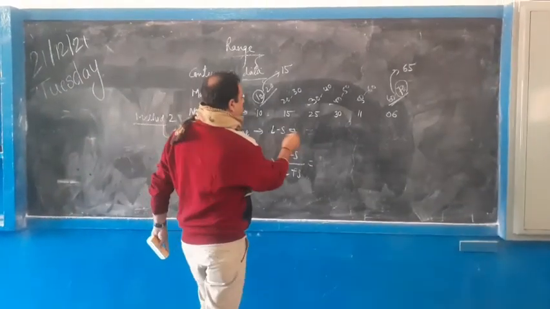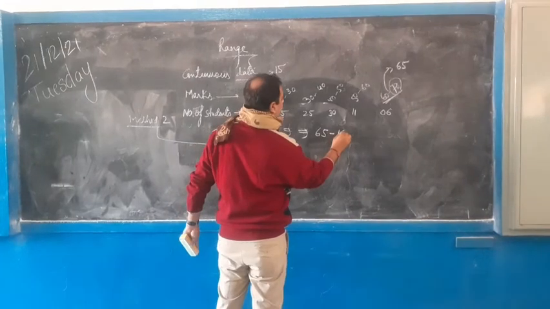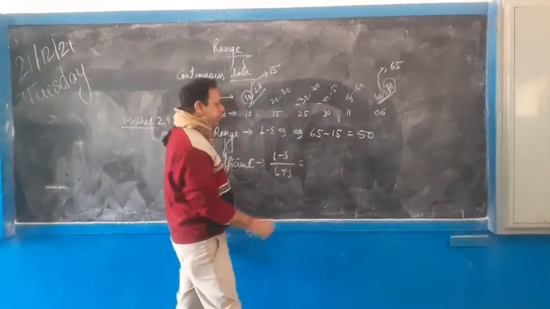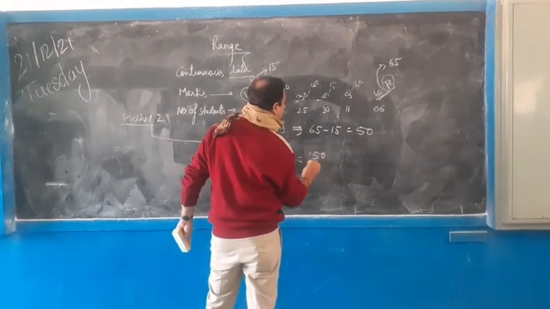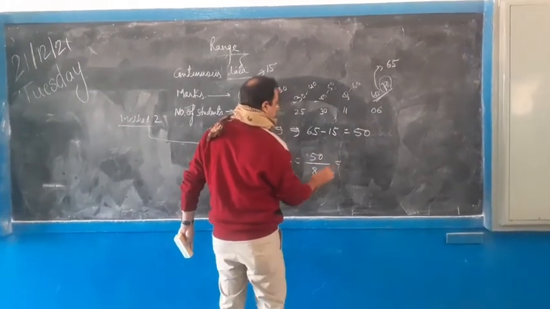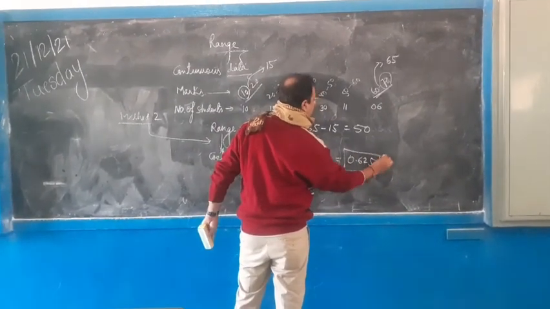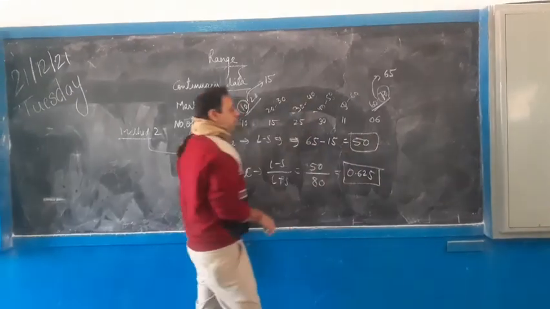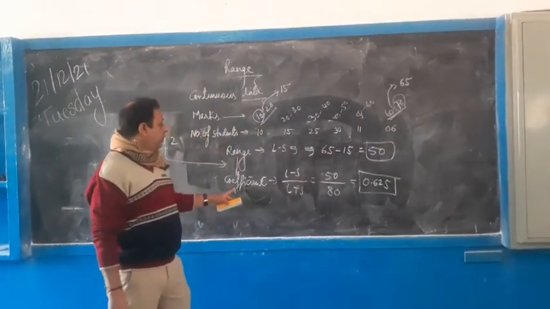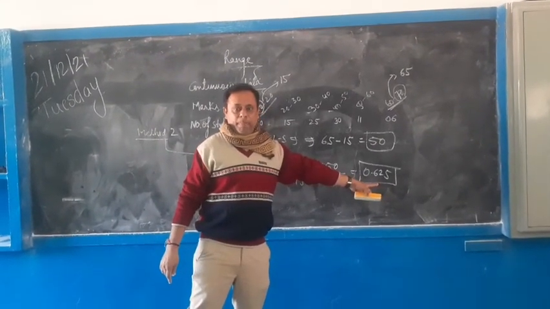So here 65 minus 15, it will be 50. So here 50 upon 80, this value will come. So the range by the second method is 50, and the coefficient of range by the second method is 0.625.